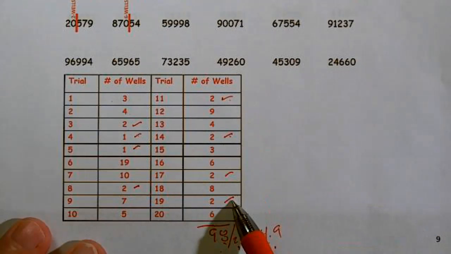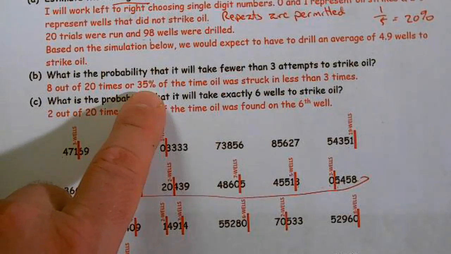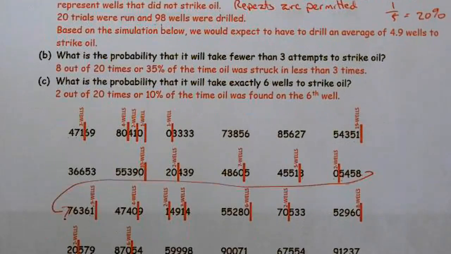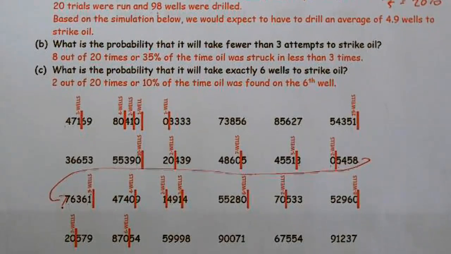So that happened 8 out of 20 times, which is 35% of the time oil was struck in less than 3 wells. Okay, so 35% of the time is a pretty high percentage of the time you can expect to strike oil in less than 3 attempts.